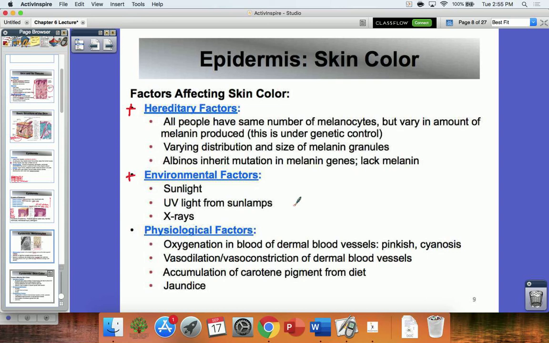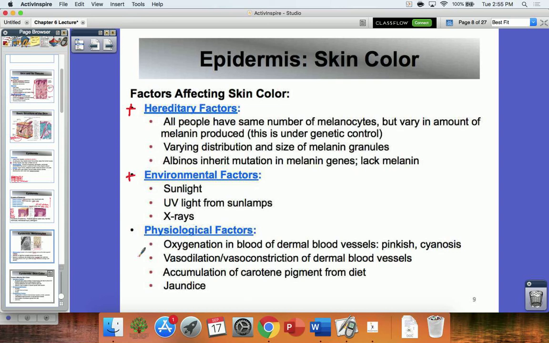And then we have physiological factors. That's like physiology. We talked about anatomy and physiology, so something that's functioning inside the body. So if we are too hot or too cold, that could cause us to change colors. For instance, if we become too hot, you get this red color.